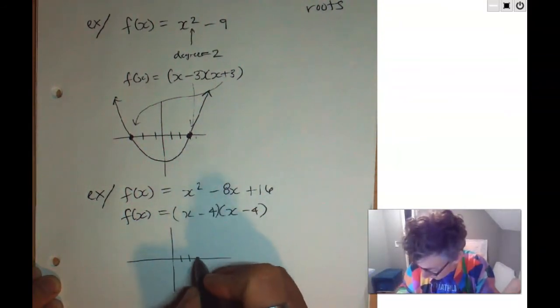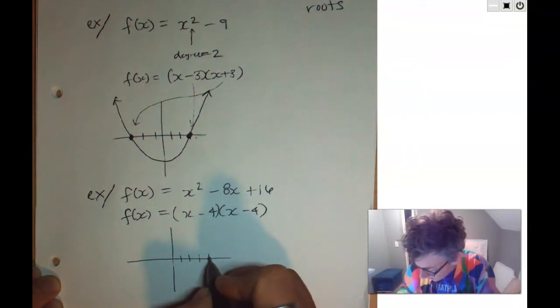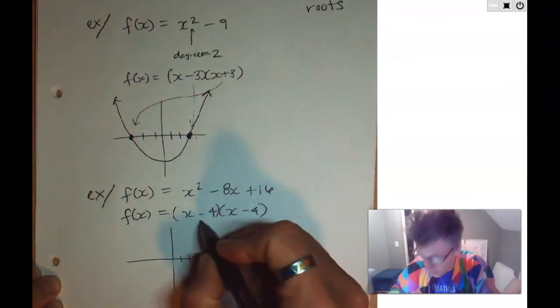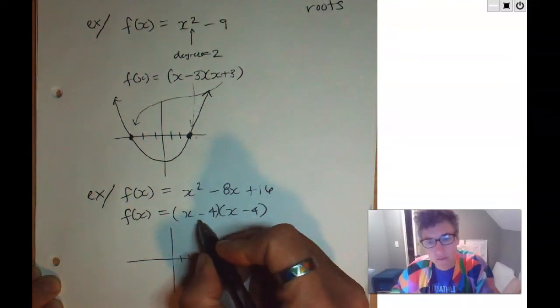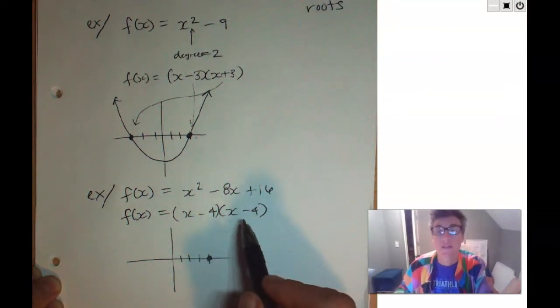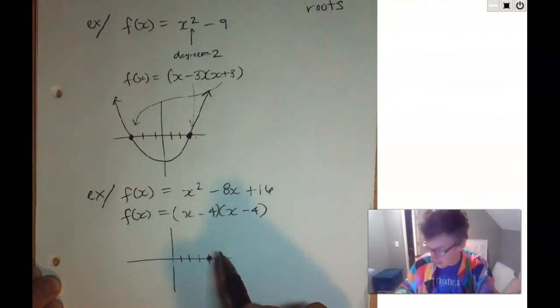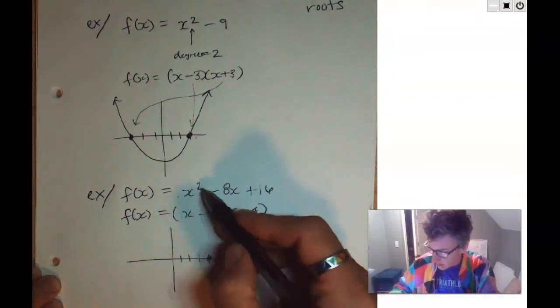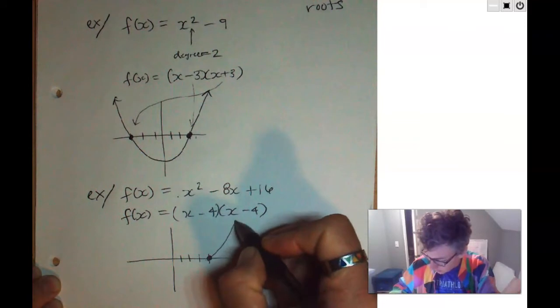So we would only have one distinct root, because both factors give the same answer, positive 4. This is a positive even function, so it goes up.